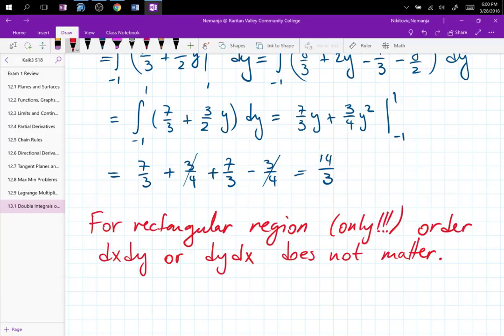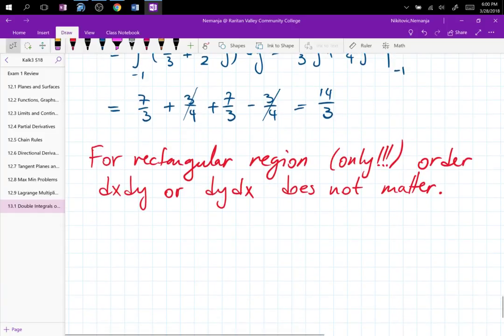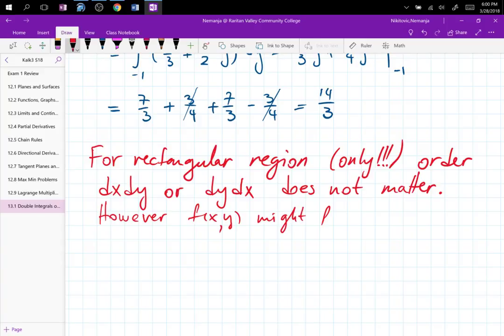So that's what we have. However, f of xy might force you to use one rather than the other.